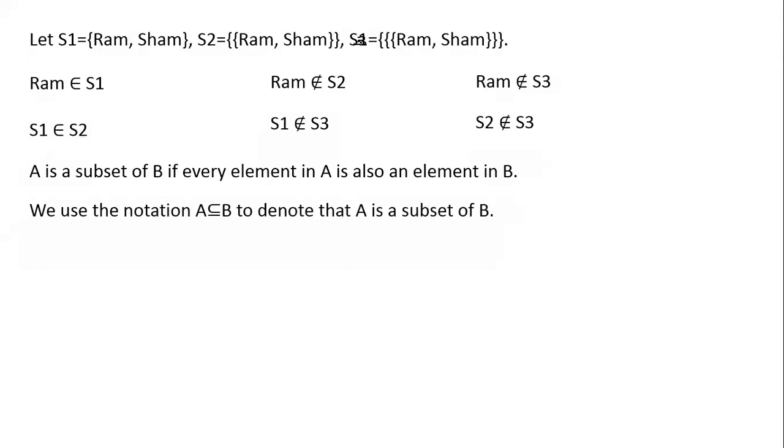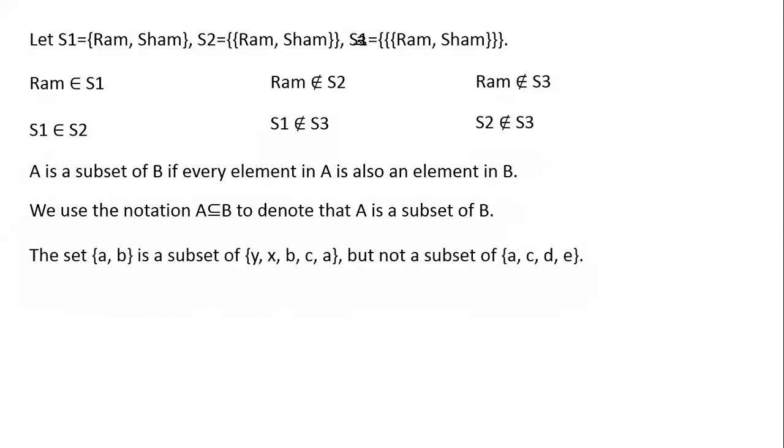Then we say that A is a subset of B if every element of A is also an element of B, and we use this notation: A is a subset of B. In that case, A may be a proper subset or an improper subset of B. We'll understand the difference immediately.